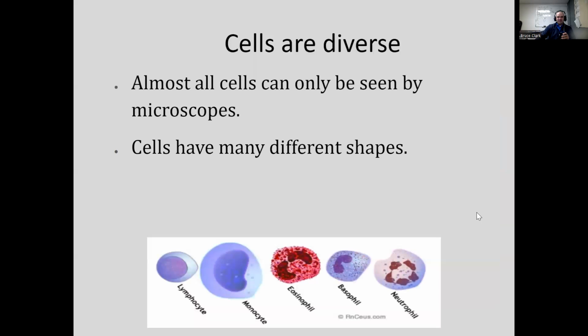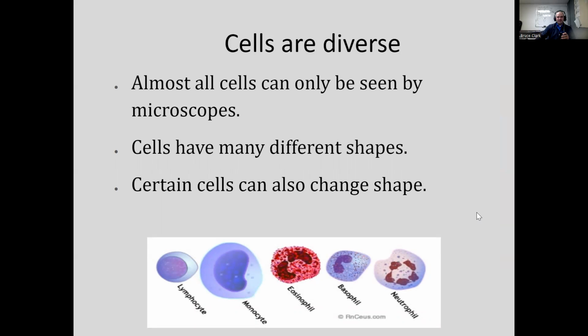The other thing that I want to intro here before we get into cell parts is that cells are very diverse. Like I said, they're the building blocks of life, but I always think of them as like Lego pieces, and we're going to be talking more about that later. But you have all different kinds of shapes of cells and functions of cells, able to do a variety of tasks in our human body.